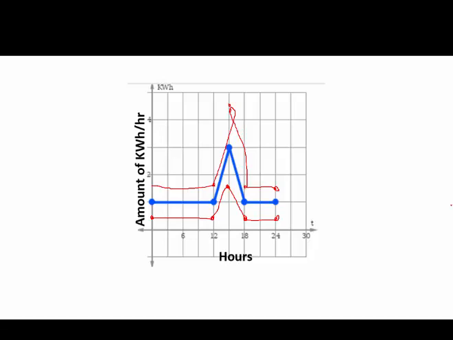Everybody see that? Okay. What does that mean? That means that the graph that's 1.5 times the original means that household spends 1.5 times more energy than the other house. And the 0.5 times the household means they have half the electric consumption compared to the other graph. Everybody understand what it means?